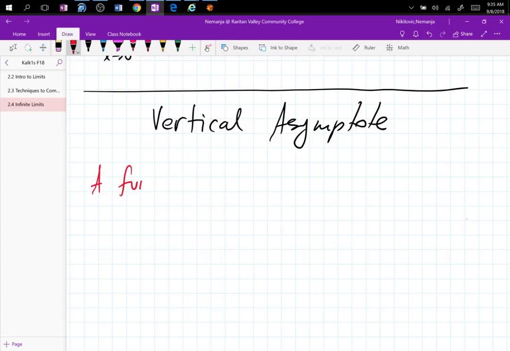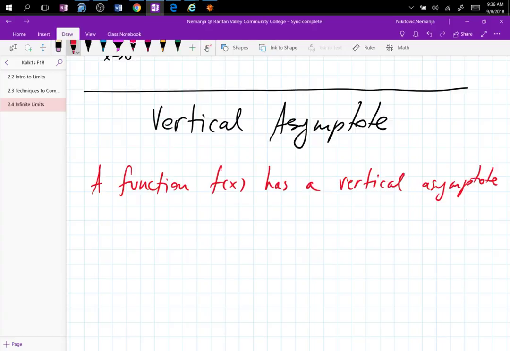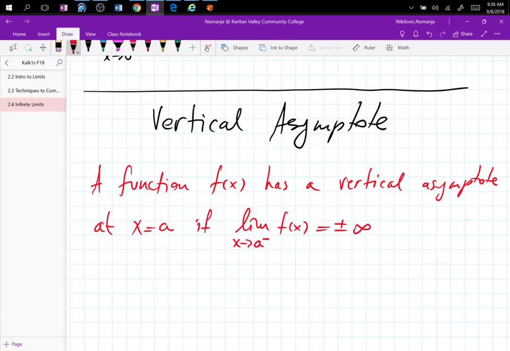A function f of x has a vertical asymptote at x equals a if the limit as x goes to a minus of f of x is equal to plus or minus infinity, or the limit as x goes to a plus of f of x is equal to positive or negative infinity.